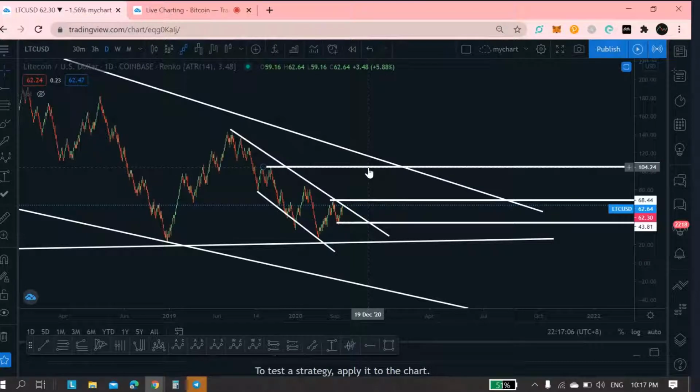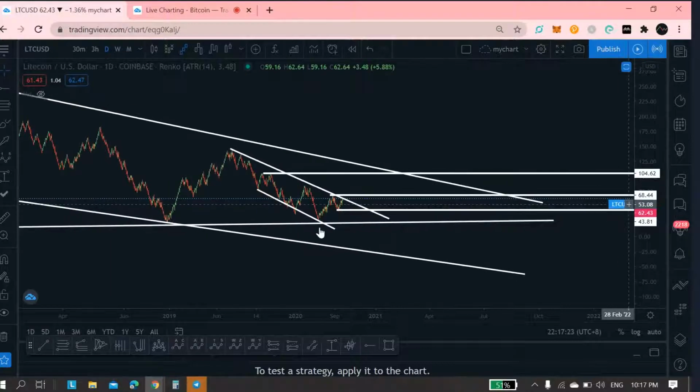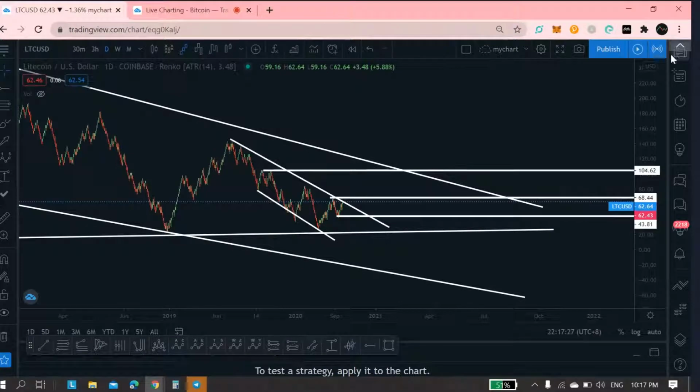I'll just do that after it breaks out, with a possible target of at least this area around the 100 area. I'll just measure that when it finally breaks out the year-to-date high of around the 68 area. So I think that's it.